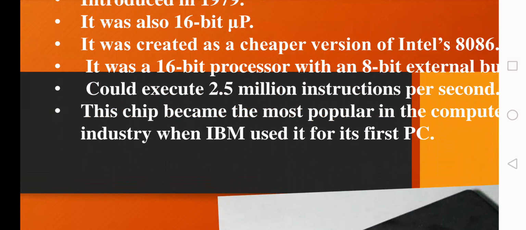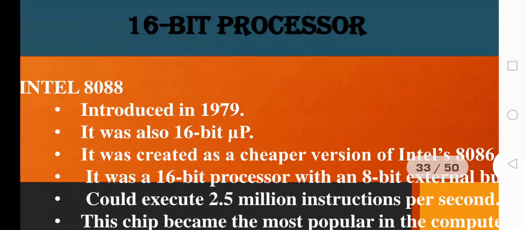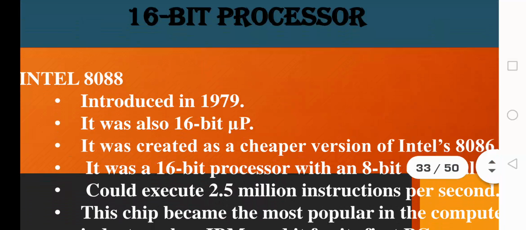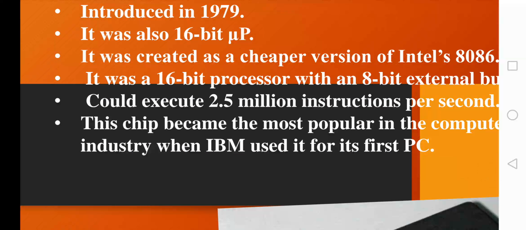In order to design its first personal computer, it used the 8088 microprocessor, which was already manufactured by Intel, and hence it gained much popularity.